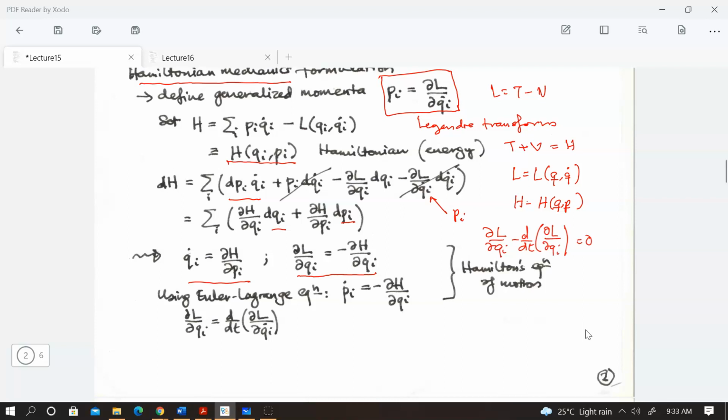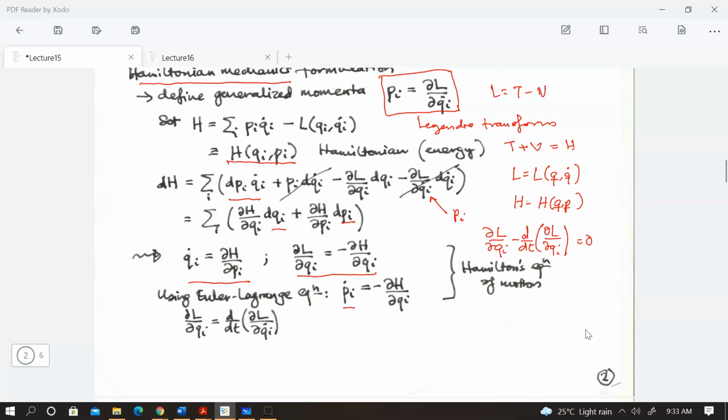Okay, so in other words, this, which appears over here, will be equal to this, which is essentially your pi dot. Oh, it's already written down here.